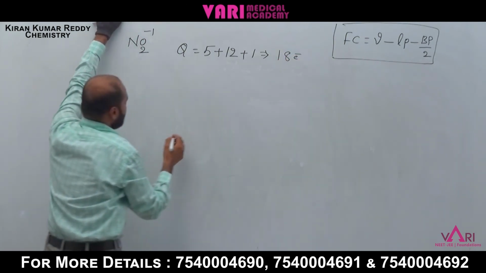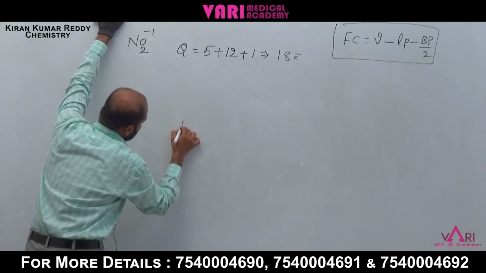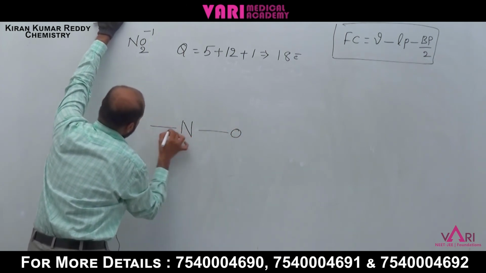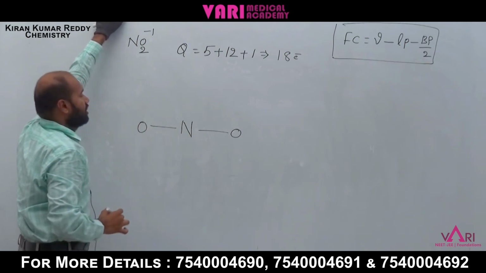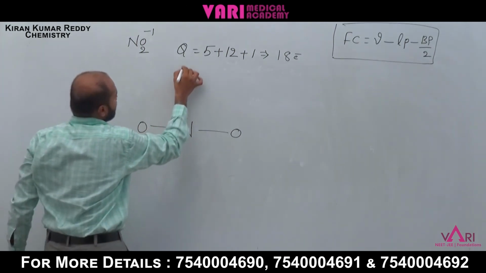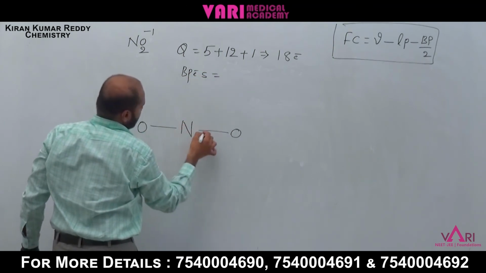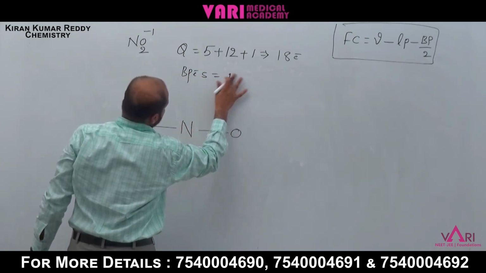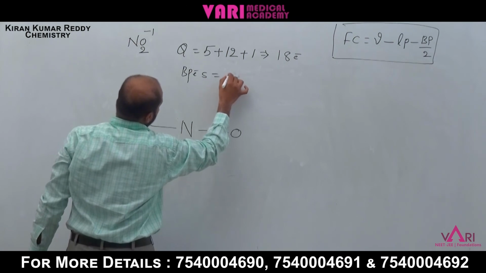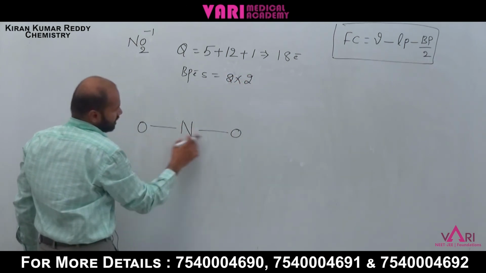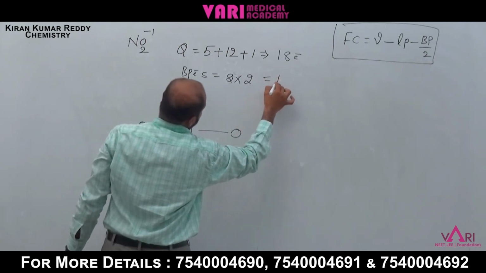Now write the structure of NO2. Here 2 bonds are present. The bond pair electrons are 2 into the number of bonds, 2 into 2, 4 electrons.